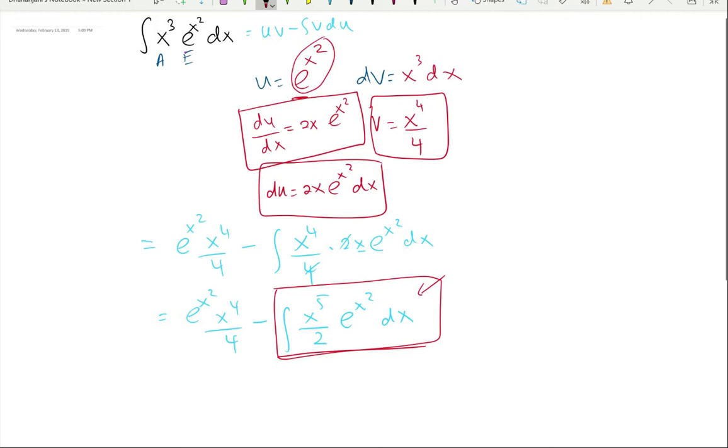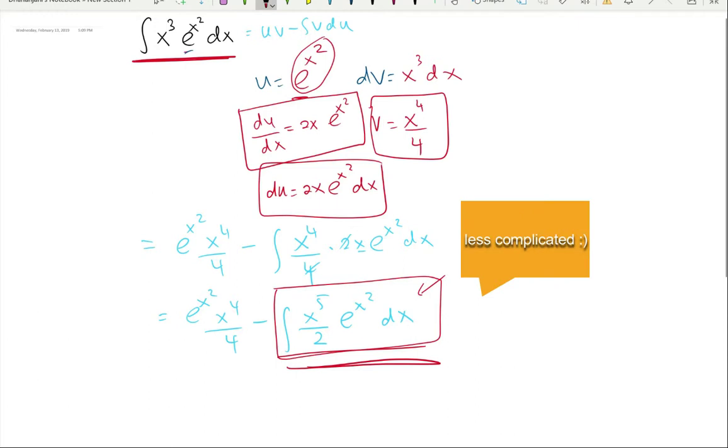Do you think if I apply integration by parts again, I can get something? Think about the change from the original integral to this one. Do you think it became less simple? Do you think this is a less simple integral than what we started with?